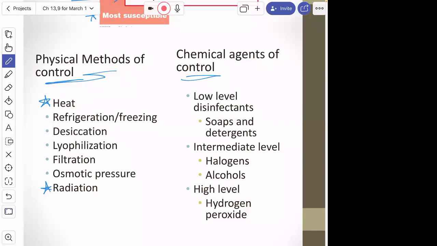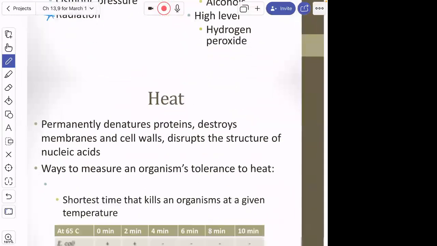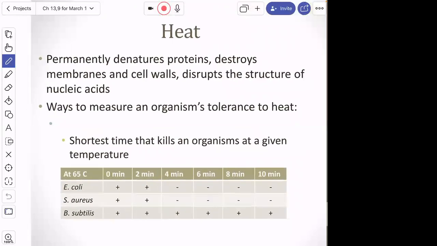So phenol, for example, used to be the gold standard of disinfectants. You compared everything else to phenol, but phenol is so irritating to humans, not only to skin but inhaling it, that it's hardly ever used anymore. So I thought, well, I'm not going to talk about it either. So hopefully we'll get into some of those today as well.